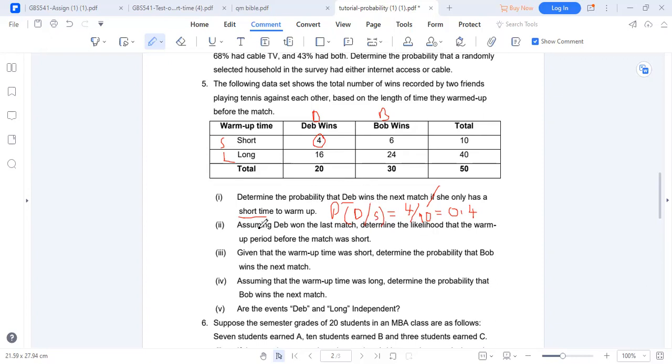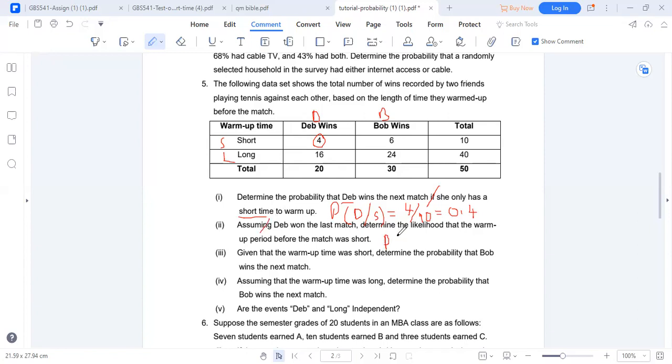Part 2, assuming Deb won the last match, determine the likelihood that the warm-up before the match was short. So how do you write the notation? This is conditional probability. Assuming is the same word as if, so you put slash.